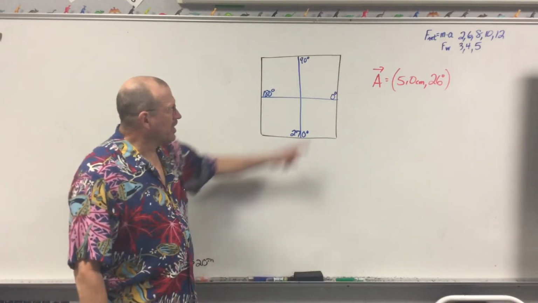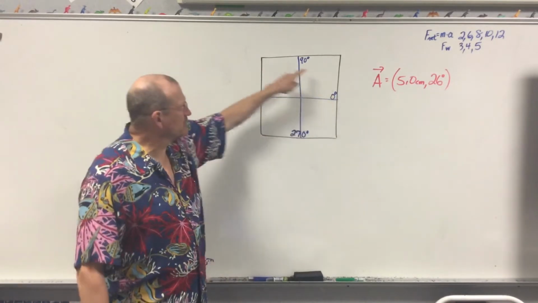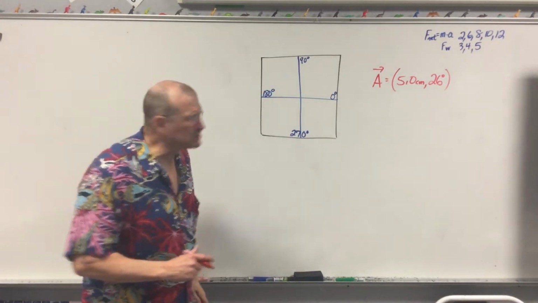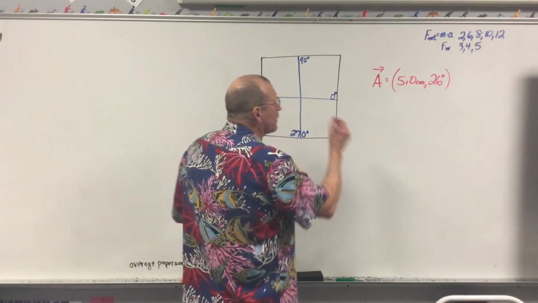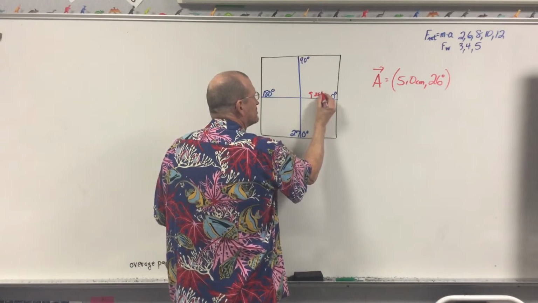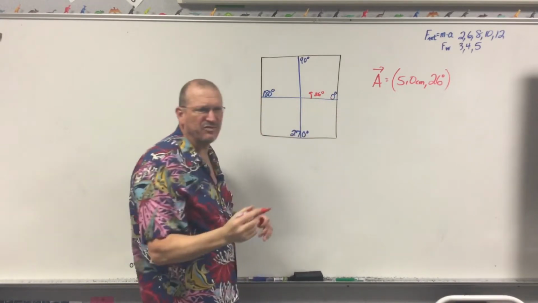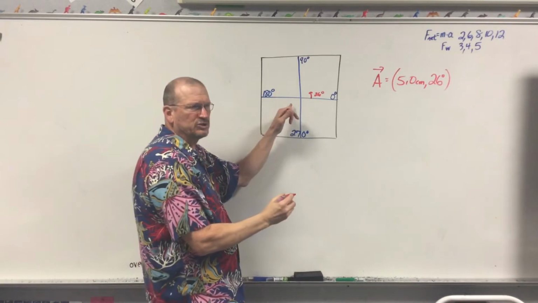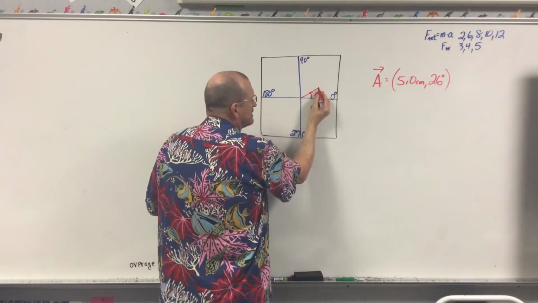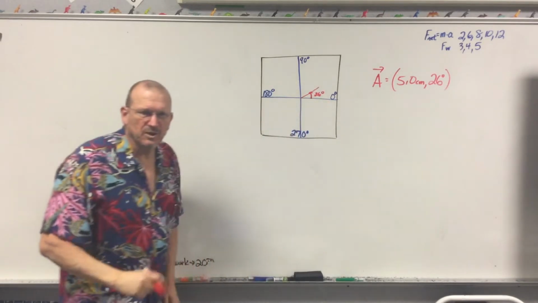Because if you are worried about how long it is, you could have a complete circle that you could create. So the first thing you actually have to measure is your angle. So you're going to measure up 26 degrees, and then starting at the origin, you are going to make a straight line that is 5 centimeters long.